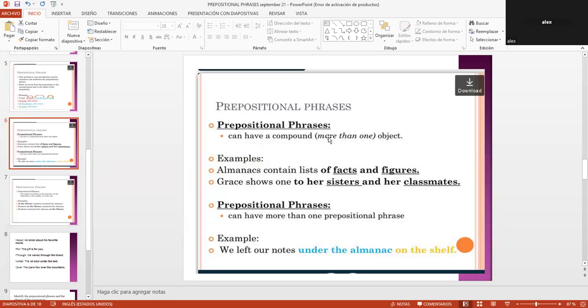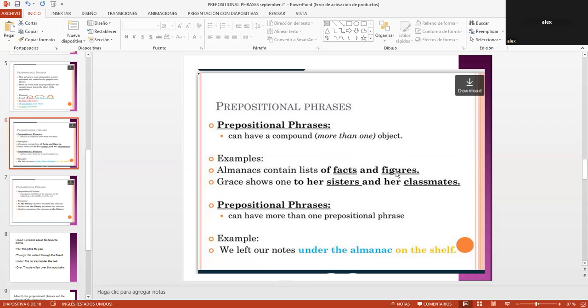Well, this is more information about what I was saying before. You can have more than one prepositional phrase, like this: list of facts. Well, here, look, you have two objects. Remember that you need objects of the prepositional phrase. You have of facts and figures. So there are two nouns.